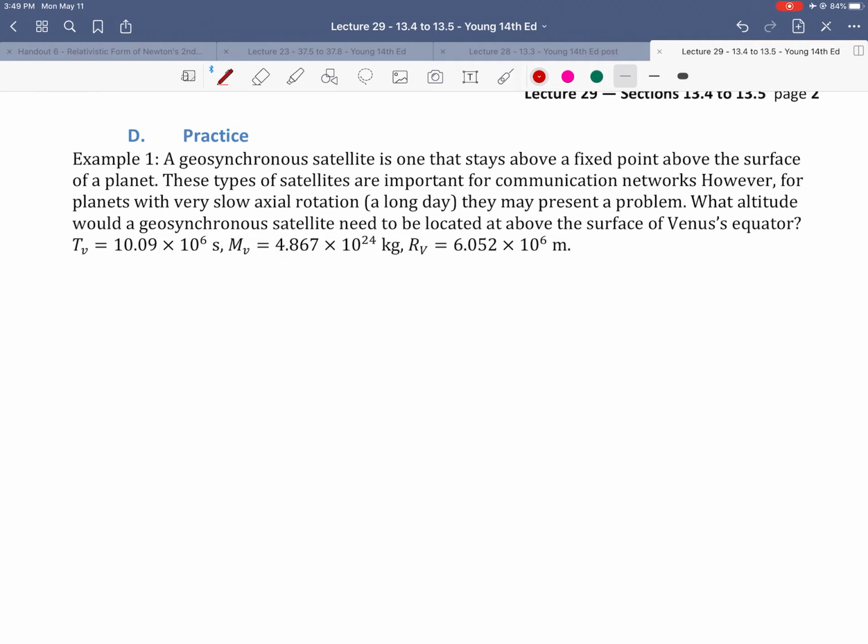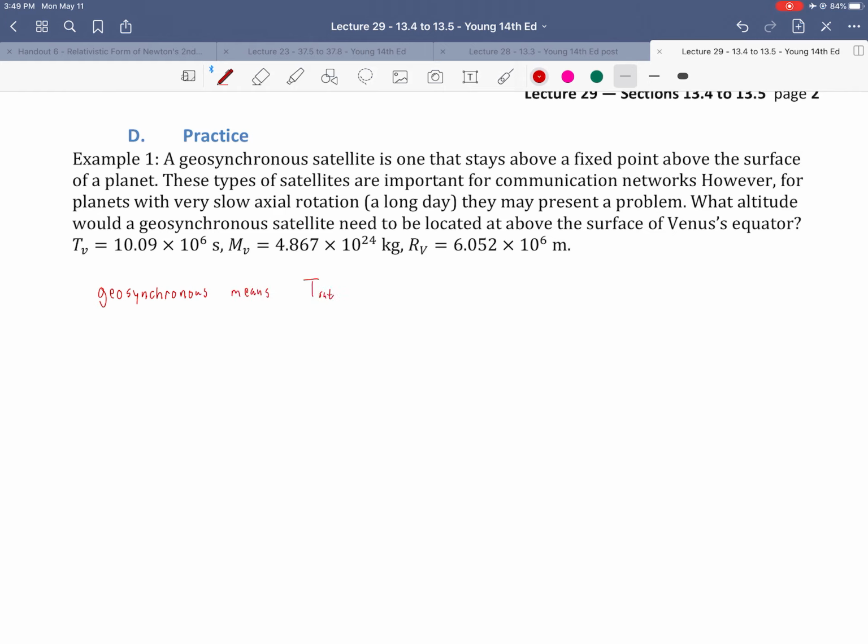Okay, so the idea of geosynchronous. Geosynchronous means that the period of the satellite matches the period of the day. That's the way to interpret that information.